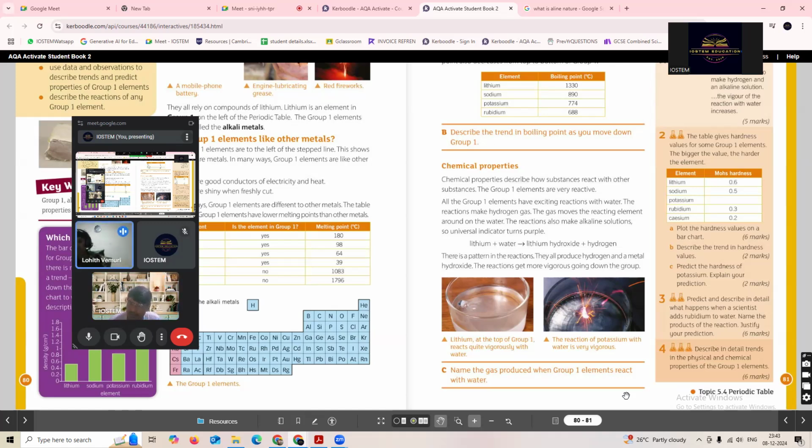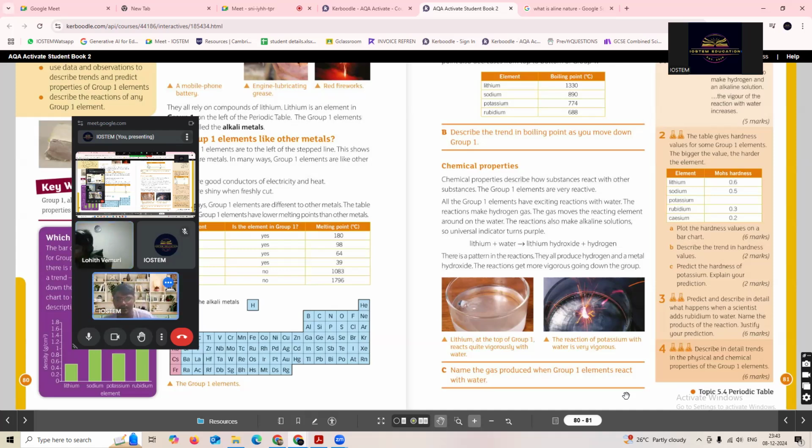So from top to bottom, they react more vigorously with water. So you can say the intensity of reaction increases when you come from top to bottom, right? Yes, very good. And when they react with water, salt and hydrogen gas are formed.